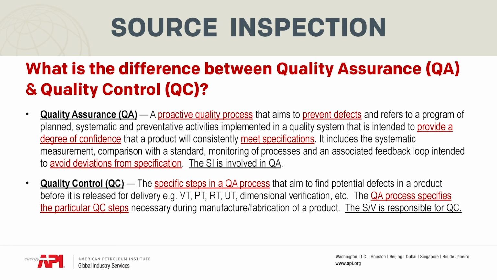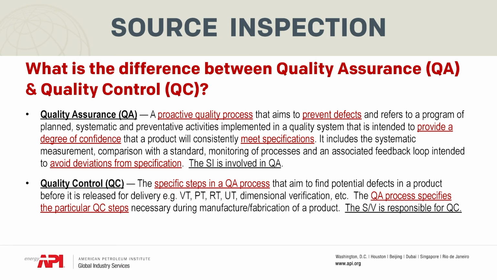On the other hand, quality control entails the specific steps in a quality assurance process that we just talked about that aims to find potential defects in a product before it is released for delivery. For example, visual testing, penetrant testing, radiographic testing, UT testing, dimensional verification, and a host of other techniques are employed during the quality control process.